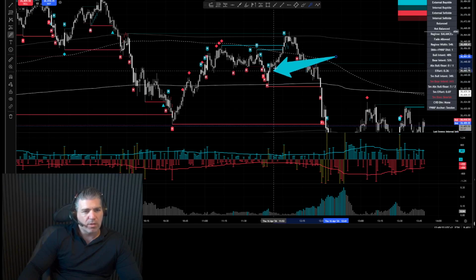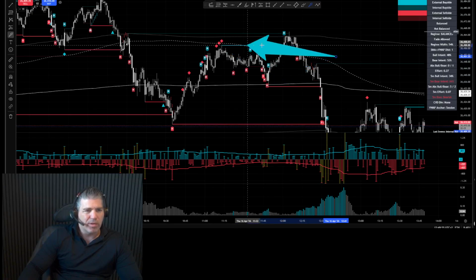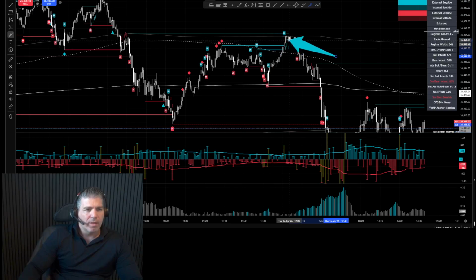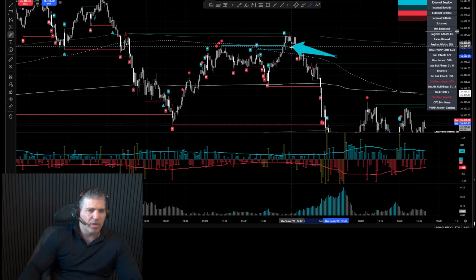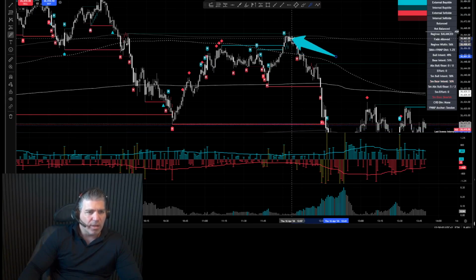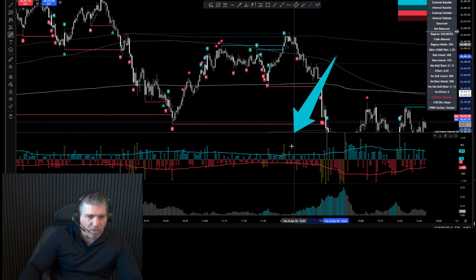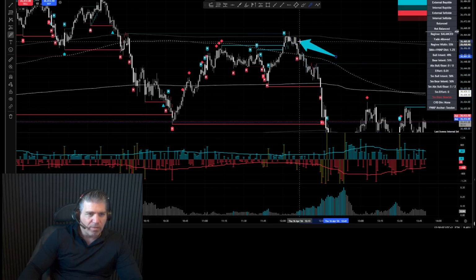Afterwards, it took this liquidity level here, and you saw a high effort or medium effort candle, a little pressure, and at the end the volume was going down. So I took the short.